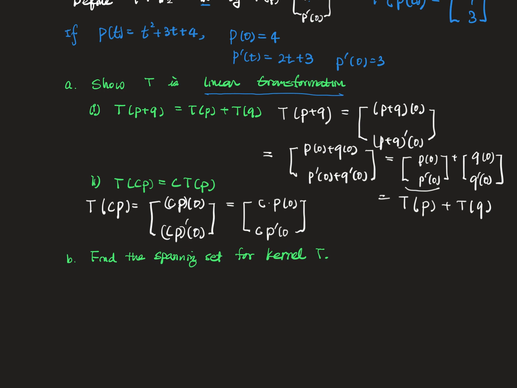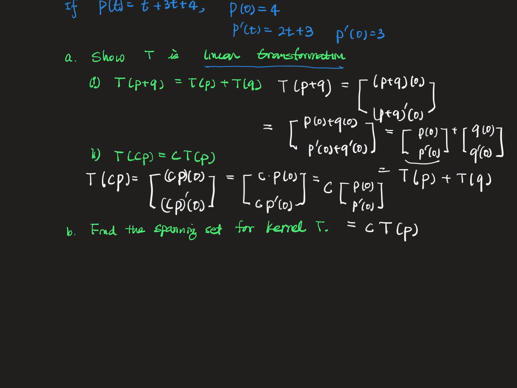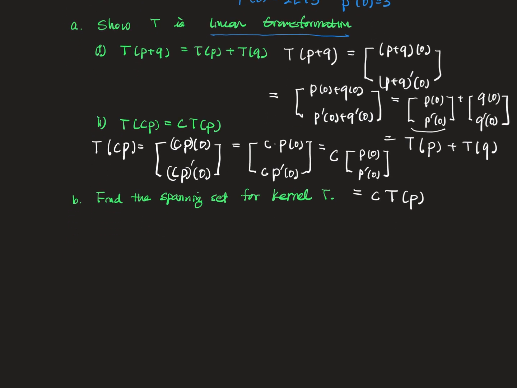Both have c, c P of 0 and P prime of 0, which means c times T of P. Okay, that's the other way to prove T is a linear transformation. Everyone understand how to prove a linear transformation, right?